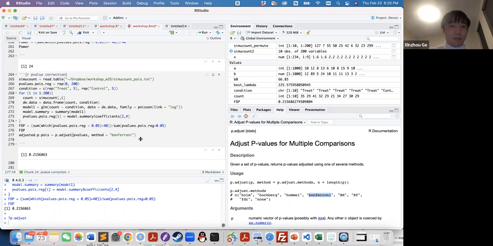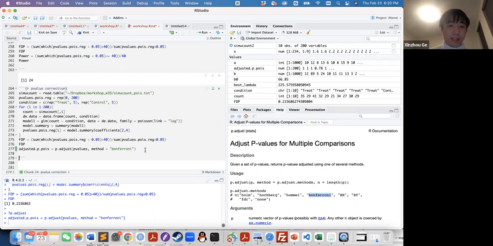For the Bonferroni correction, we can just use this way to get the adjusted p-values. Then we can calculate the FDP by selecting those genes which have adjusted p-values smaller than 0.05 instead of the original p-values.